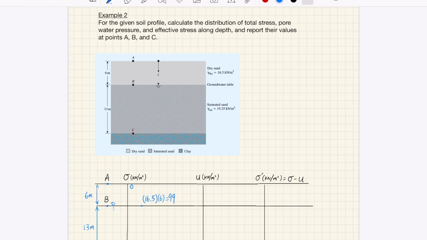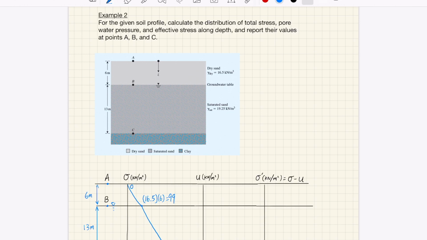And then for point C, the total stress at point C is 99, that's from soil layer 1, plus the saturated unit weight of the second layer, 19.25, times the depth of the second layer, 13. So that's 349.25. And then you connect these points to get the total stress profile.